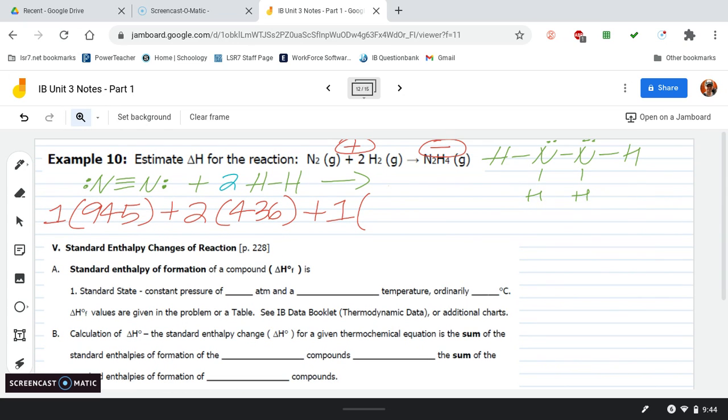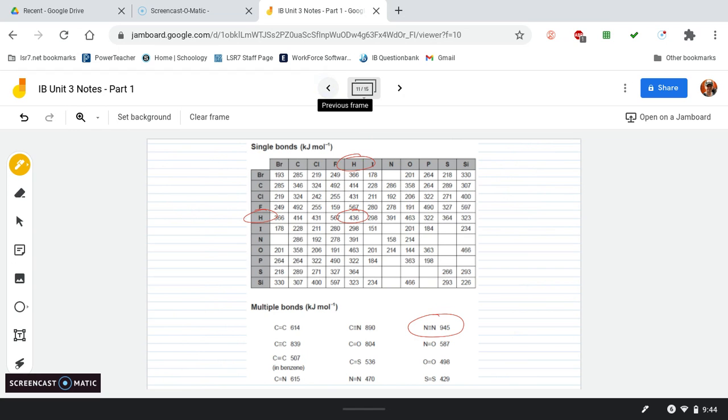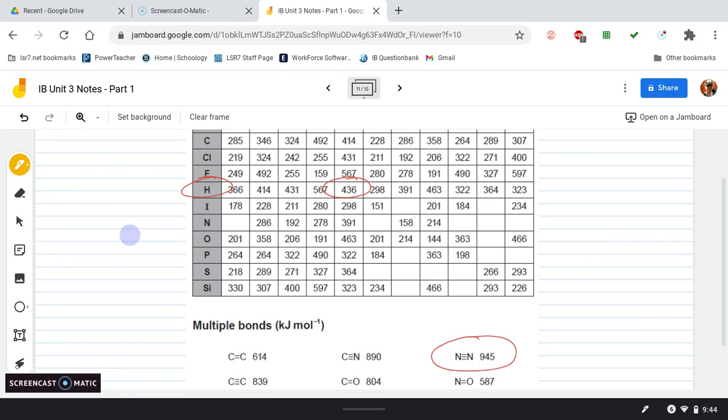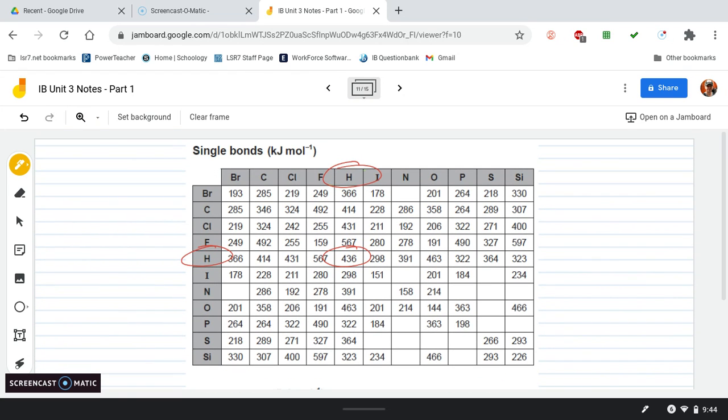So if we zoom in, my lone pairs don't look very good, but that's okay. We're going to zoom in and we're going to look. We have 1, 2, 3, 4 of these NH bonds. So 4 of these NH bonds. So we've got to find the N going with the H. So here's N. And then there's H again. So it looks like 391.